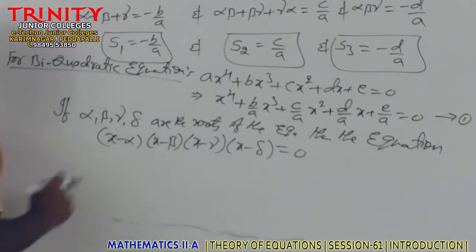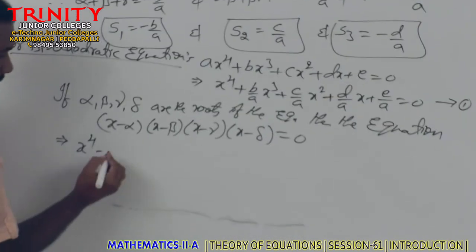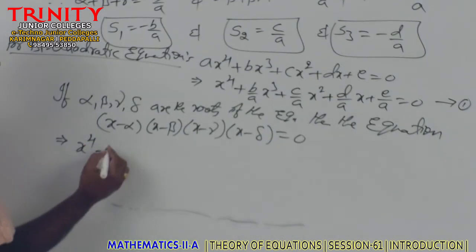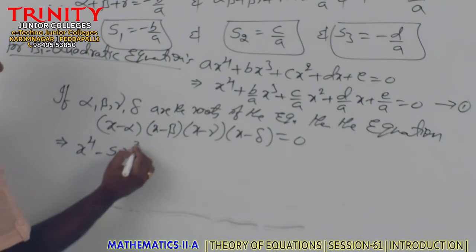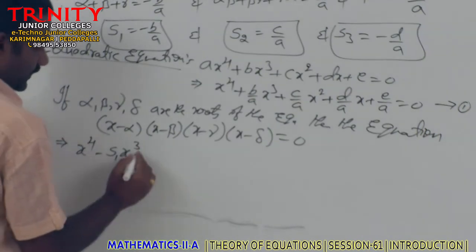If you multiply this out, we'll get its simplified equation like this: x power 4 minus s1 into x cube, plus s2 x square, minus s3 x plus s4 is equal to 0. I will write what is s1, what is s2, what is s3.